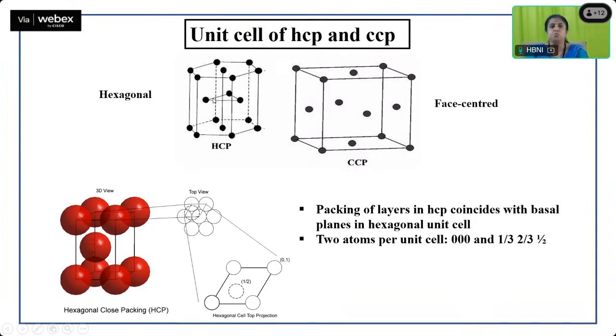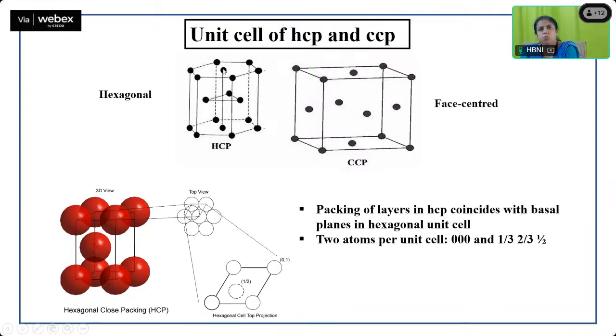I wish this stylus was working, but okay, so let's say you join this, and then you join this, and then you come down. It will look something like this. So these kind of 3 units are there in this particular hexagonal parallelepiped, and this is the unit cell of the hexagon, wherein you have 4 atoms at the corner.